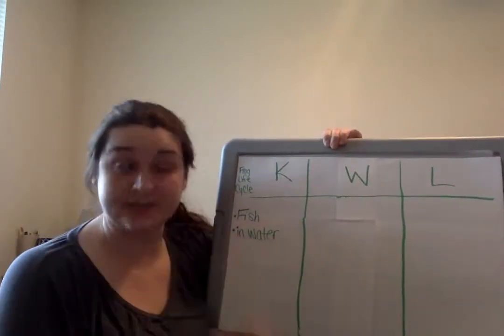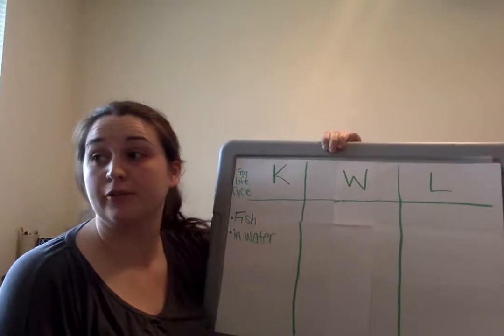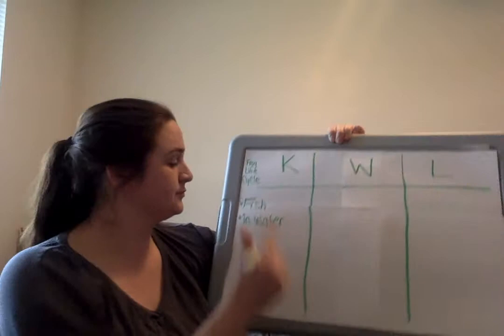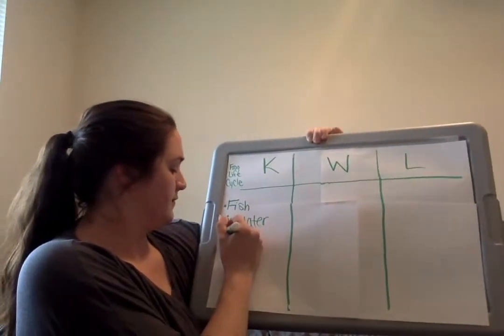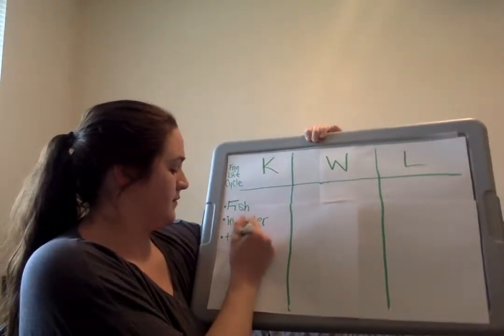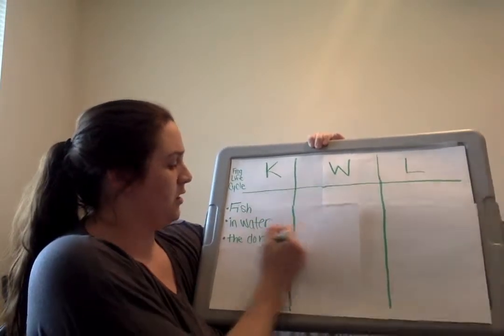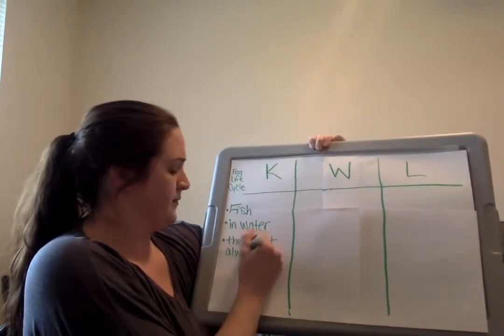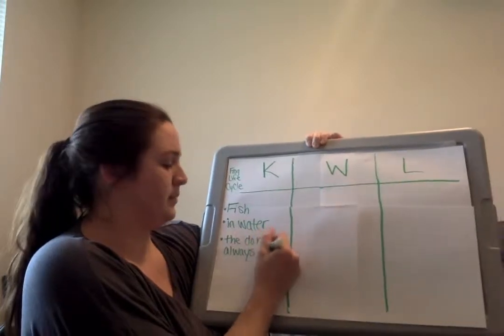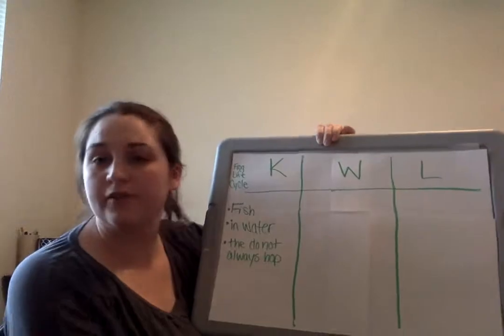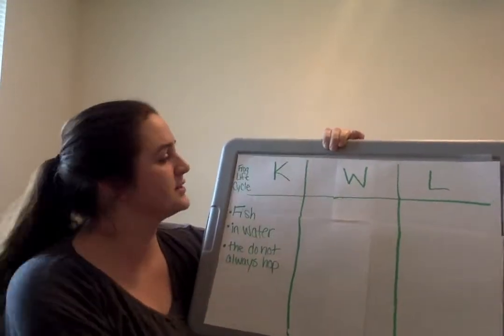What else do you know about the life cycle of a frog? They do not always hop. Okay. Those are some great ideas of things that we know about frogs.